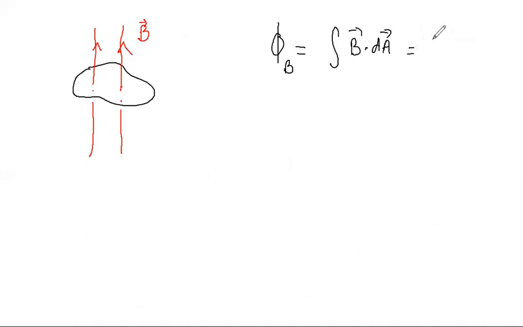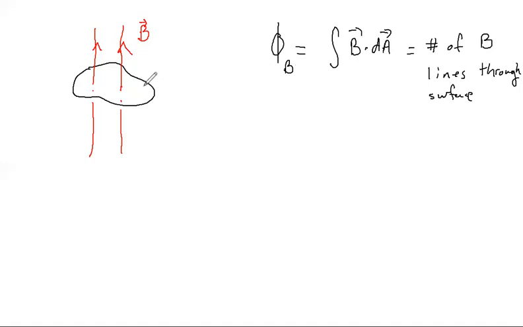And this is just the number of magnetic lines through the surface. Just like electric flux counts electric lines, magnetic flux will count magnetic lines. Now, let's be a little bit more careful here.